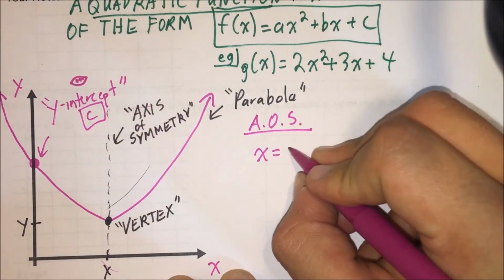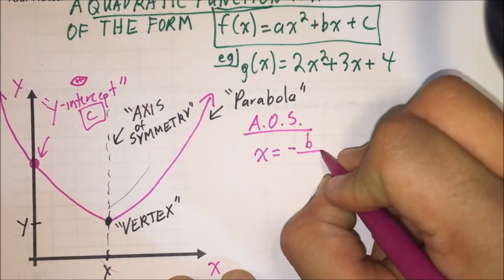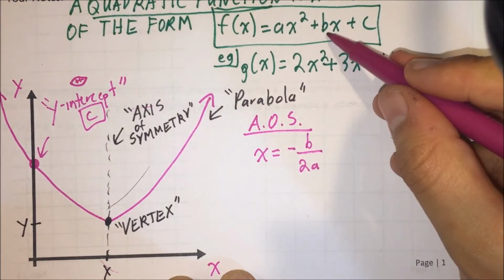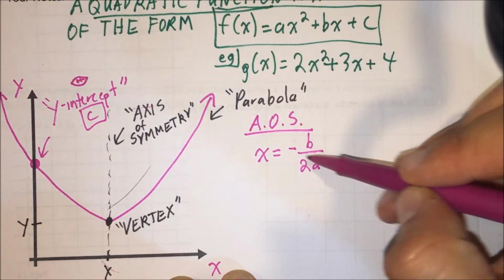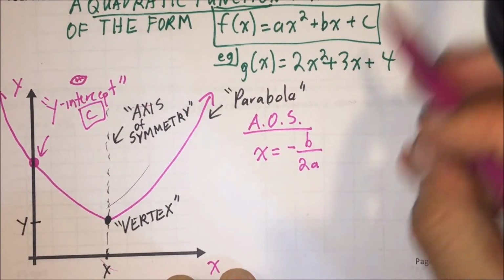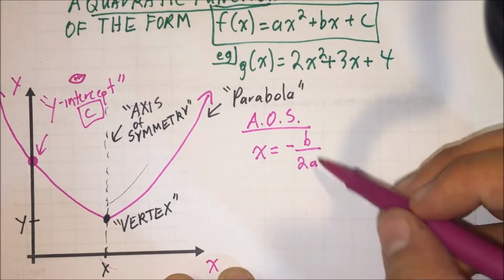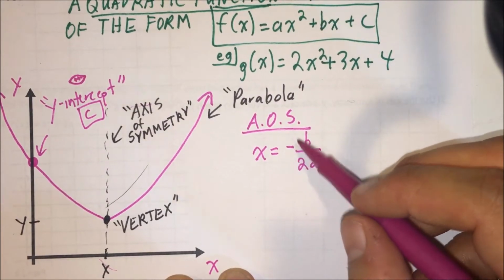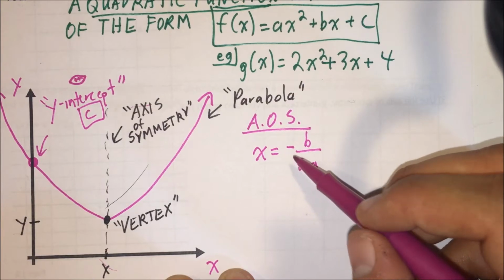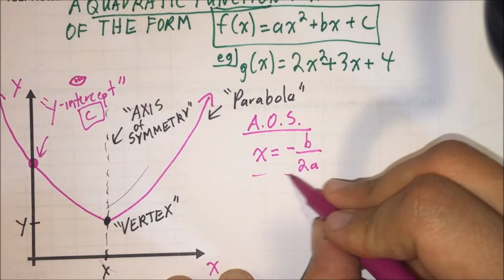That's going to be equal to negative b over 2 times a. So I take the number in front of the x and divide it by 2 times a. Notice there's a negative built into this formula, so anytime you're filling this in, don't forget the negative.